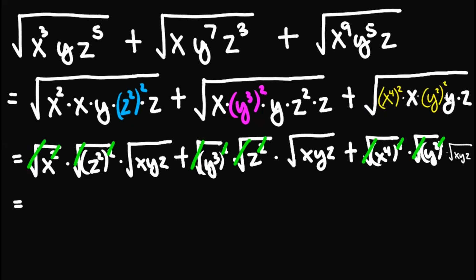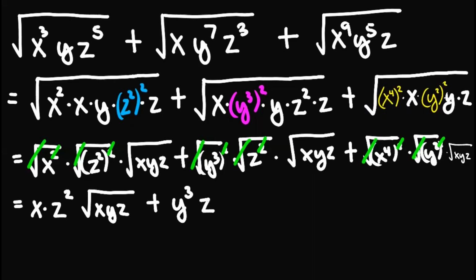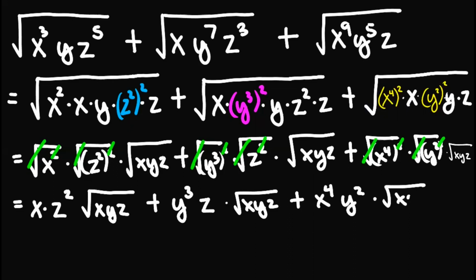So this one now is equal to x times z squared square root of xyz plus y cubed z times square root of xyz plus x raised to 4 y squared times square root of xyz.